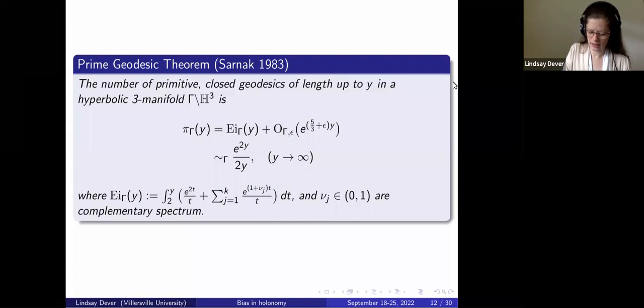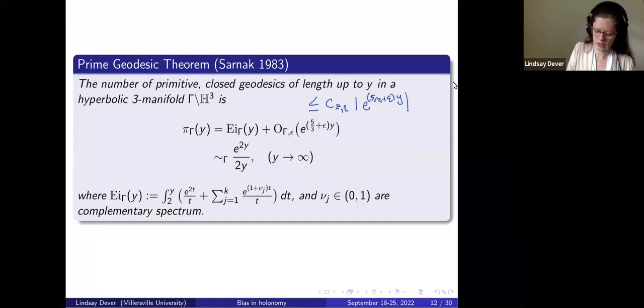And this funny notation means that this is less than or equal to a constant depending on gamma and epsilon times e to the (5/3 plus epsilon) y.